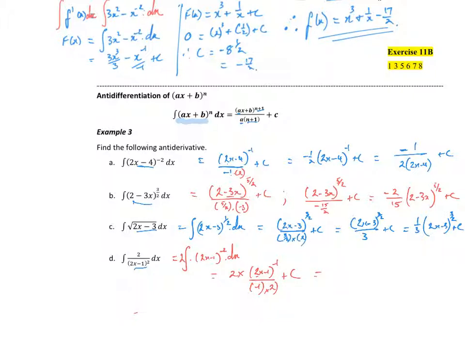So we can see there, hopefully, that that 2 and that 2 cancel. So I'm going to have equal to negative 2x minus 1 to the negative 1, typically negative 1 over 2x minus 1, plus c. All right, so that's that nice little rule.